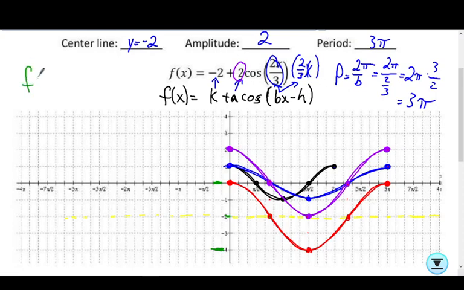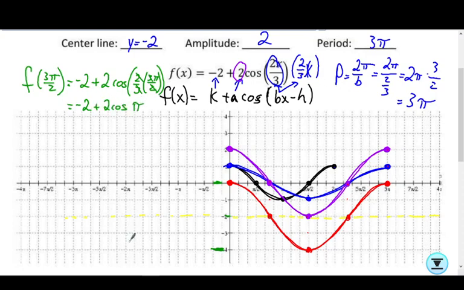And if I wanted to, I could pick a point. Let's see, what would be easy? Let's do 3 pi over 2. If we plug in 3 pi over 2, we get -2 plus 2 cosine of 2/3 times 3 pi over 2. So 2 divides out with 2, 3 divides out with 3, so you get -2 plus 2 cosine of pi.